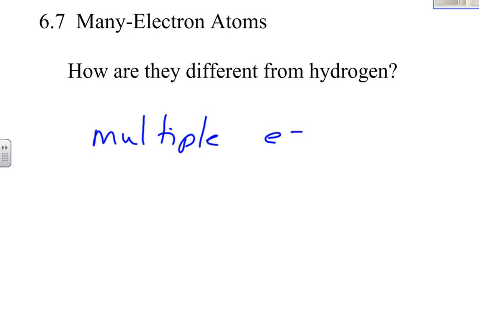So for any given value of n, we'll find that the L values within that sublevel will vary. All right, so we'll see that in just a moment. But it's not going to be a horribly complicated thing for us to deal with.